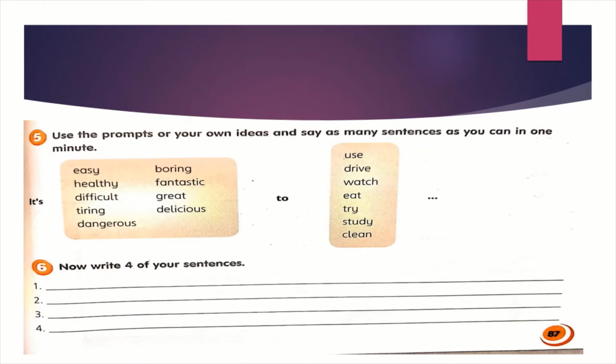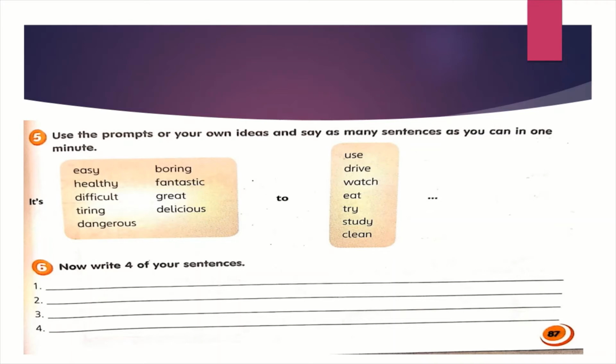I need you now to look at activity 5. You have this structure that we studied now, starting with it's. You have then a box which is full of adjectives. You will choose one of these adjectives, then you have to, and then you have another box with verbs. So, for example, it's easy to study.